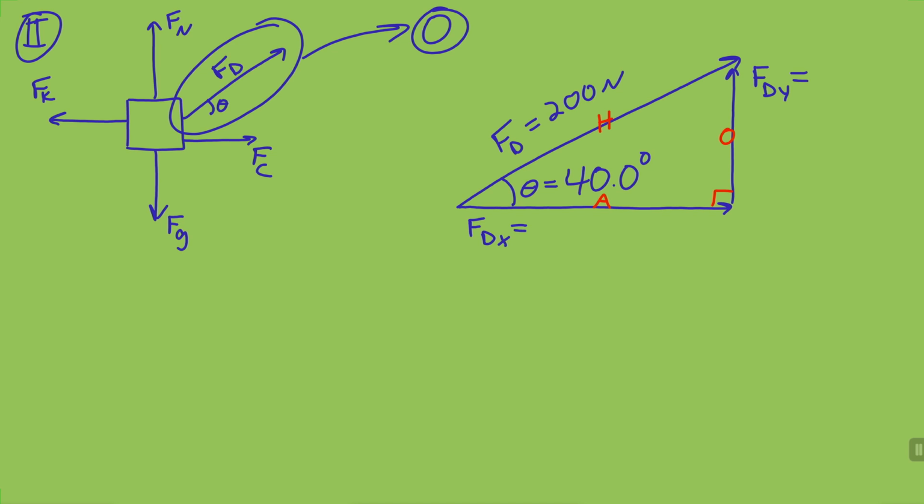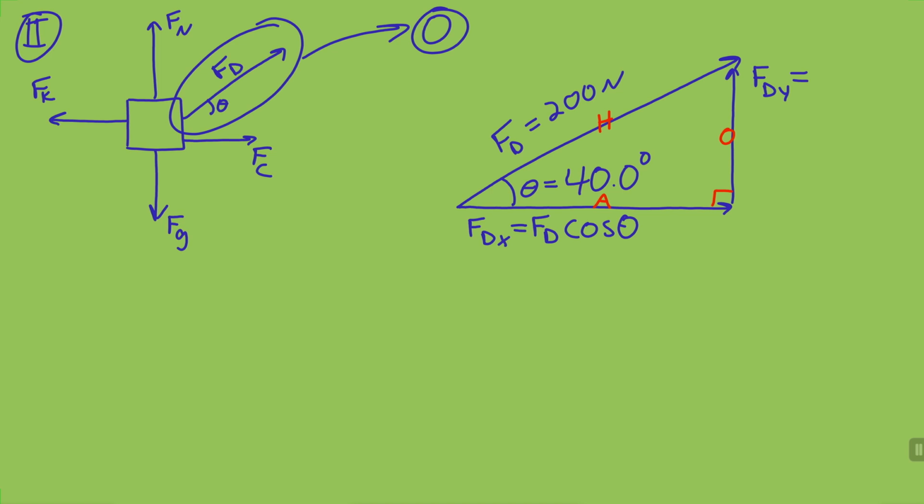So F sub dx, that's going to end up being F sub d times some trig function of theta. So I'm going to skip through it kind of quickly. This is the adjacent side, so which of the trig functions uses the adjacent side? Cosine.